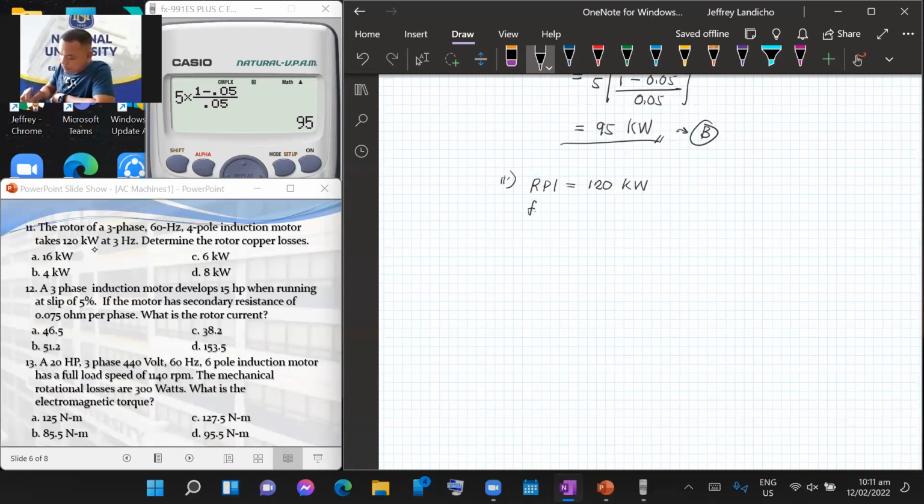Since naka-rotor tayo, so yung frequency na yan is rotor frequency, that is at 3 Hertz. Wherein source or stator frequency, that is 60 Hertz. Ano yung nahanap? Determine the rotor copper loss.